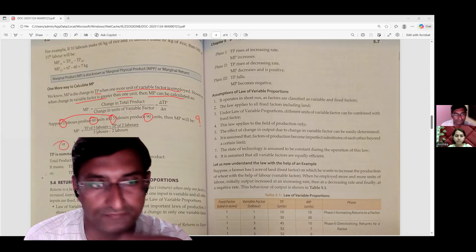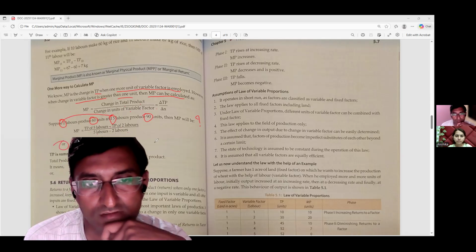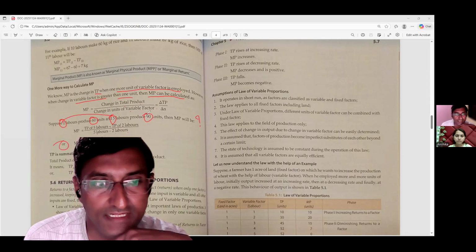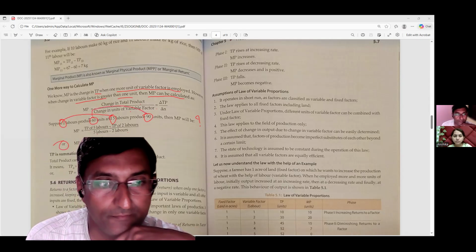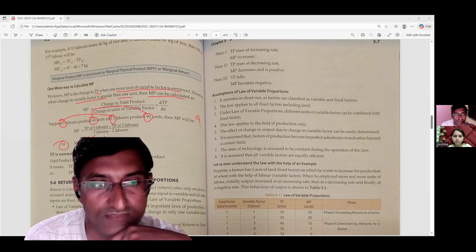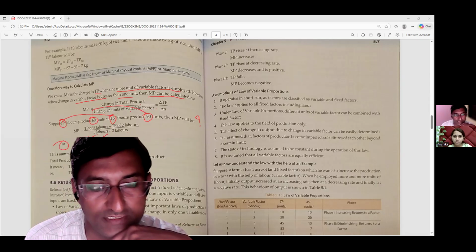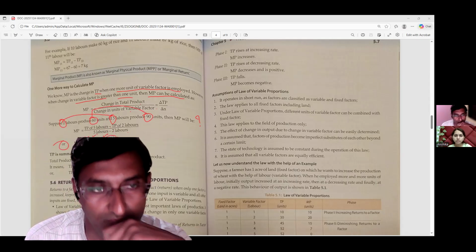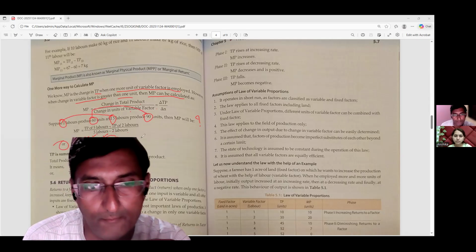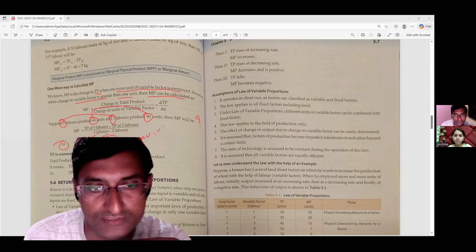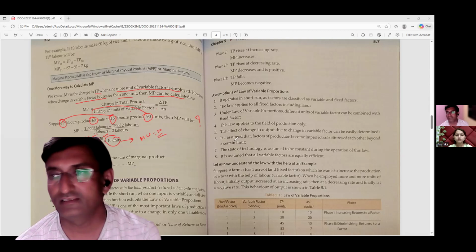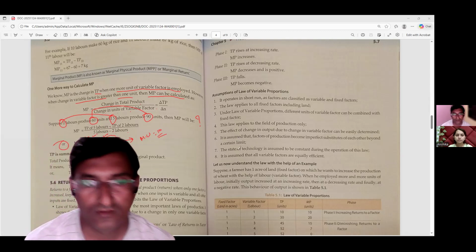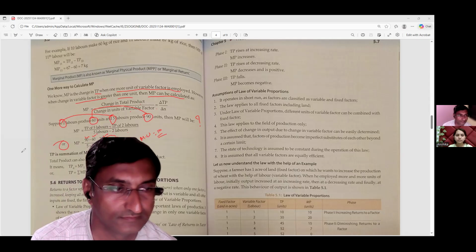So 90 units minus 60 units is 30, then 5 minus 2 is 3, so 30 divided by 3 is equal to 10 units. It means we are producing a marginal unit of 10 units. This is the simple way to calculate marginal units. This is the easiest formula. Got it?